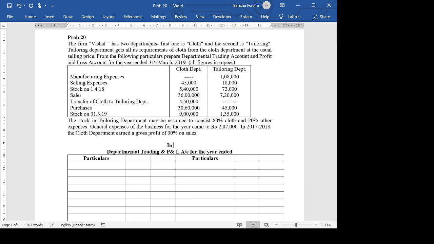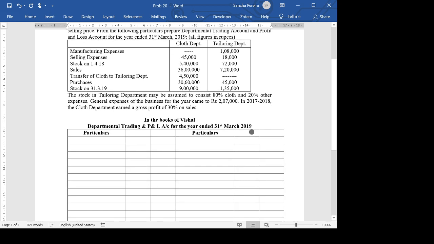So in the books of Vishal, departmental trading and profit and loss account for the year ended 31st March 2019. So we have cloth and tailoring.